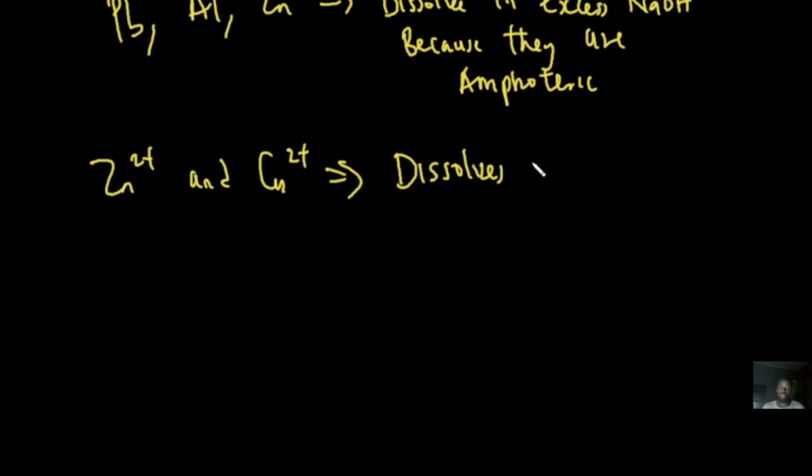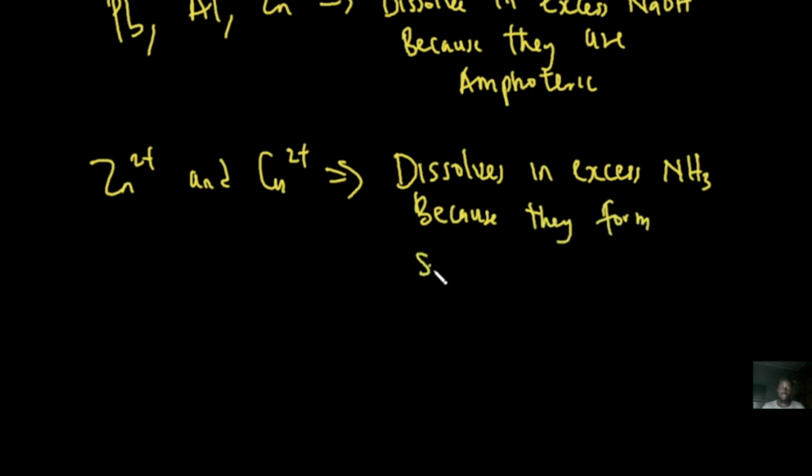So zinc and copper 2 plus dissolve in excess ammonia. What is the reason? Because they form soluble complexes with ammonia.